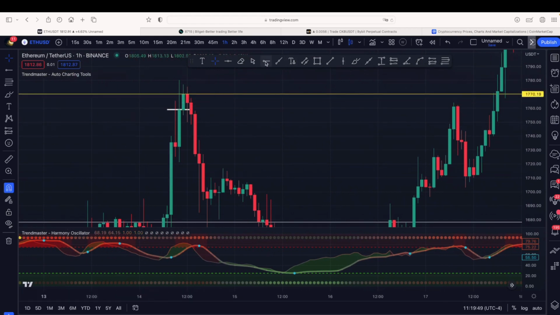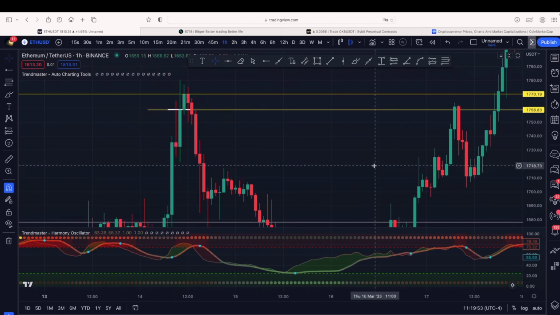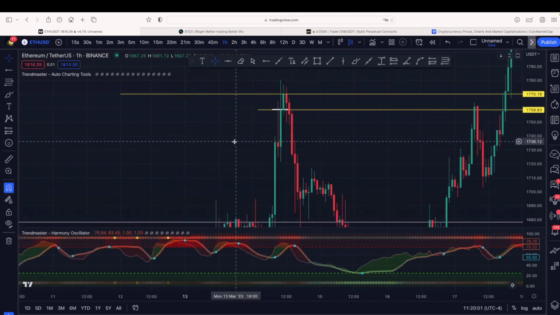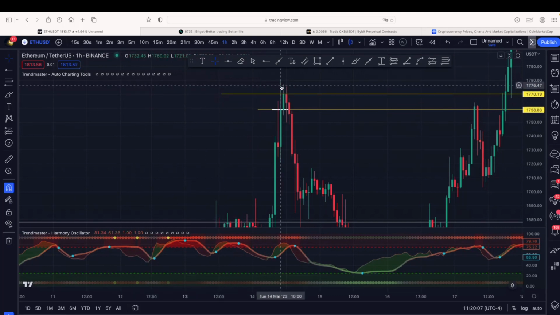See, again, that's a janky one because the actual high it created was in the previous candle. It wasn't that high. See how that's actually a false swing right there? Does that make sense? No? Okay, so do you see which candle it was that made the high? This one right here. Yes.